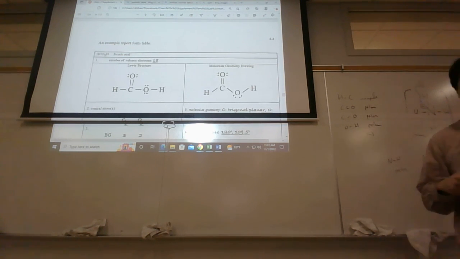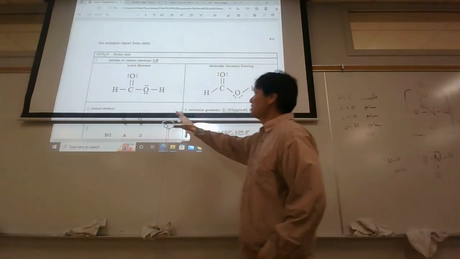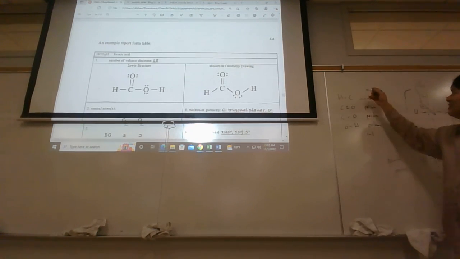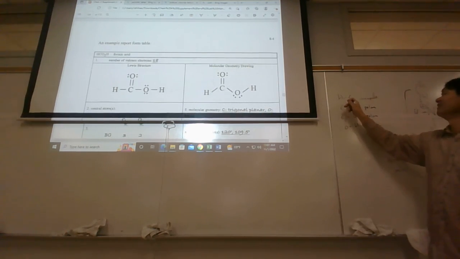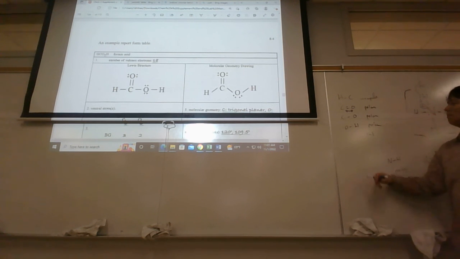The other thing you should do is this. To keep the structure from getting too messy, we'll do this on the side. And what you're going to do is put the dipole in here. So we're going to practice putting the dipole. The dipole is going to be this arrow that points to the more electronegative atom.